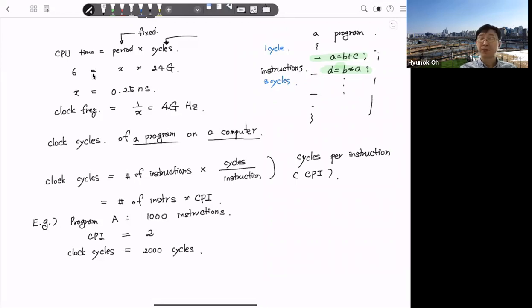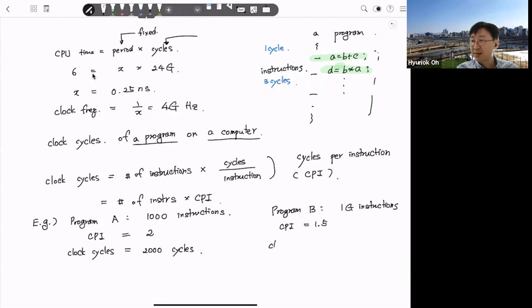Okay, so let's look at another program. Example, program B. To complete this application, we need 1 giga instructions, and CPI is 1.5.